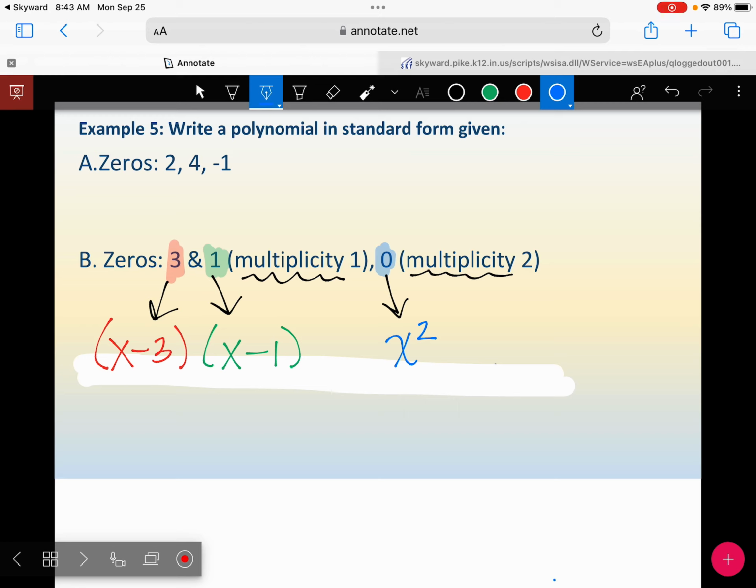All right, so this one is honestly not as bad as some of the future ones because we only have to make 1 box. So go ahead and make a box. Multiply these 2 together. And then you're going to take your answer and multiply it by x squared.